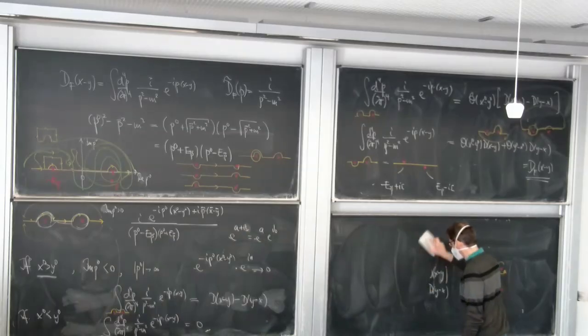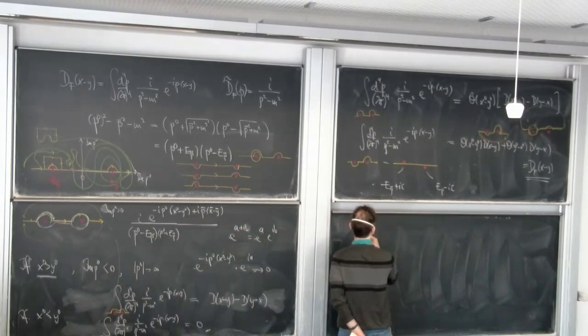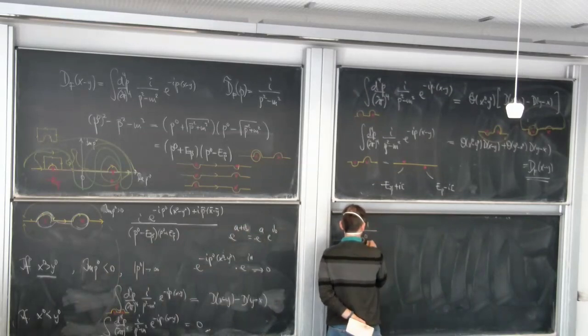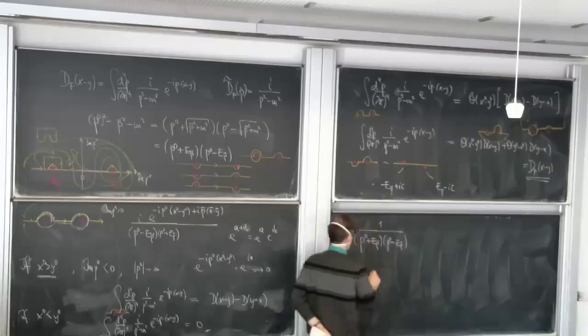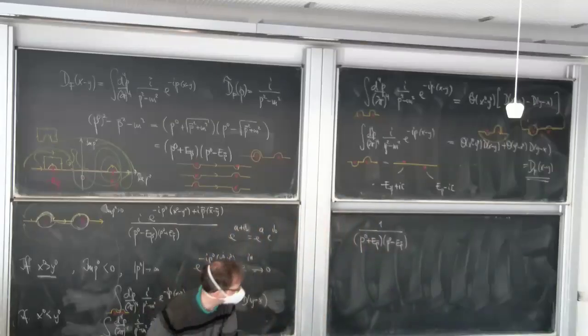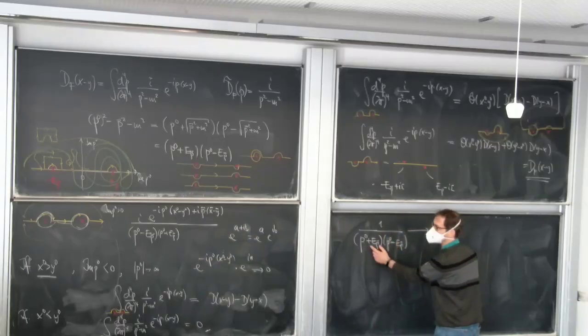Now, how does the denominator look with these poles? We had 1 over (p0 plus Ep) times (p0 minus Ep). So that's what we had. And now we replace this, where this is the pole at minus Ep, and the one at plus Ep is replaced by this.